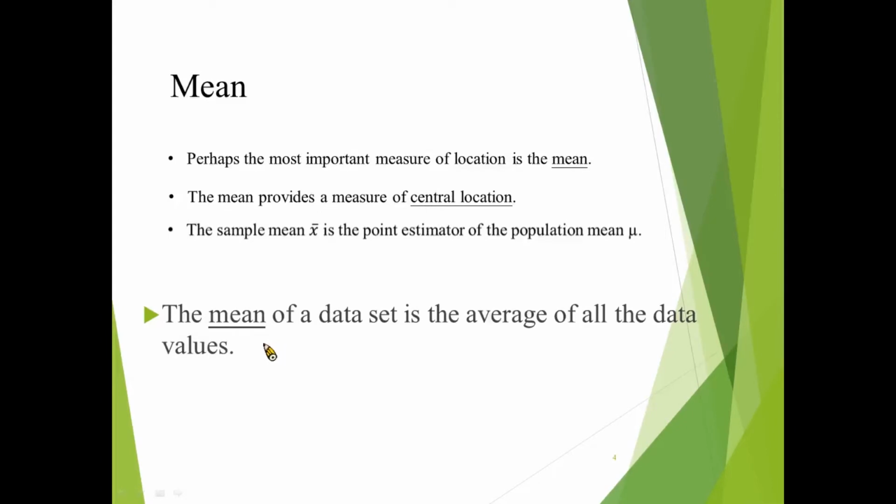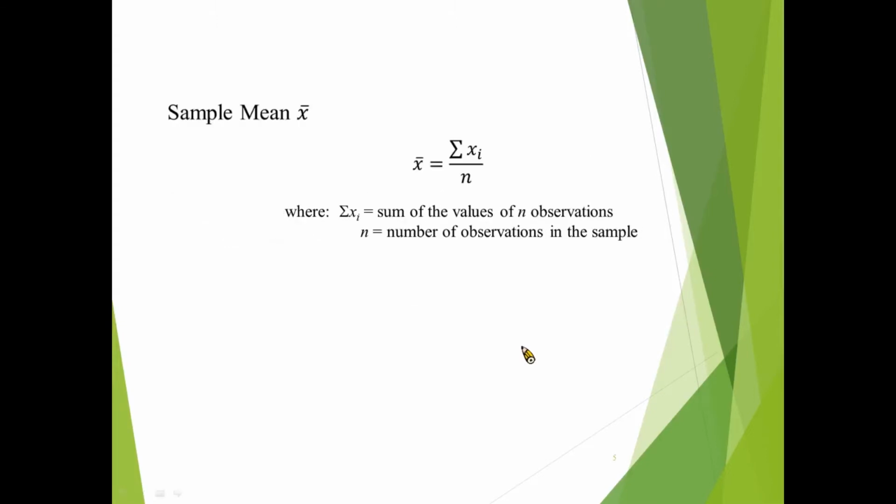The mean of a data set is the average of all the data values. For the sample mean, n is the number of observations in the sample, and you sum the values of the n observations.